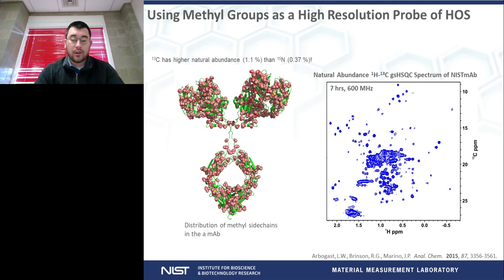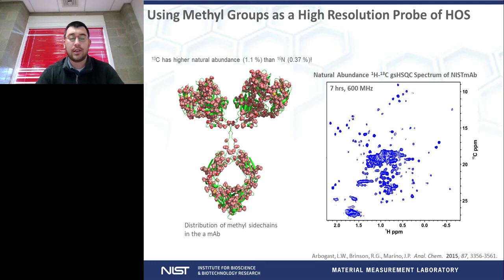Now, a couple years after the profile paper was published, our group here at NIST published a paper on using methyl groups as a method of fingerprinting things like higher order structure and fingerprinting antibodies, specifically these monoclonal antibodies.